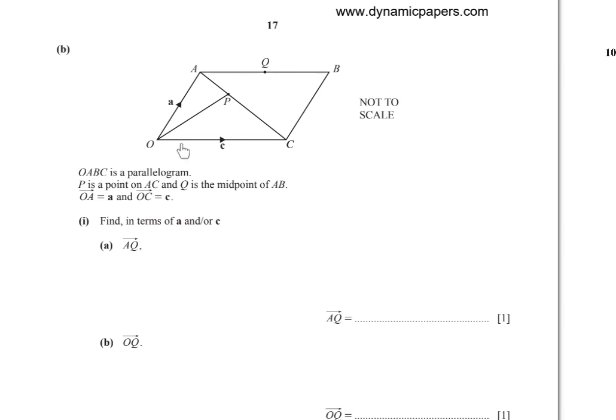If this is a parallelogram, so if this vector is C, this is also C. So AB equals C. Because Q is the midpoint, AQ equals half C, and QB equals half C. And also because OA is vector A, CB is vector A. Because parallel, same magnitude, same direction, the two vectors are equal. Now I need AQ. AQ equals half C.